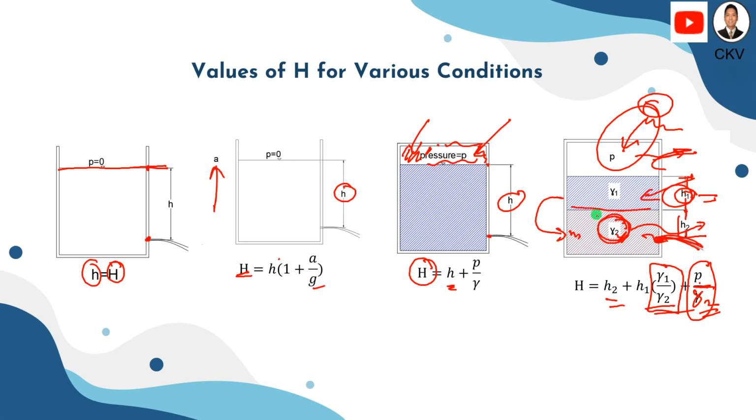Take note that if we have multiple layers of fluids in a container, make sure that you convert these heads into the equivalent pressure head of the liquid that is at the opening of the orifice. That's why we multiply this layer's pressure head by gamma 1 over gamma 2, and the pressure of the gas here is divided by the unit weight of this liquid, again gamma 2.